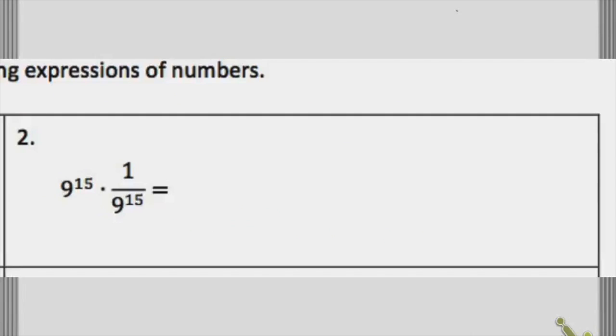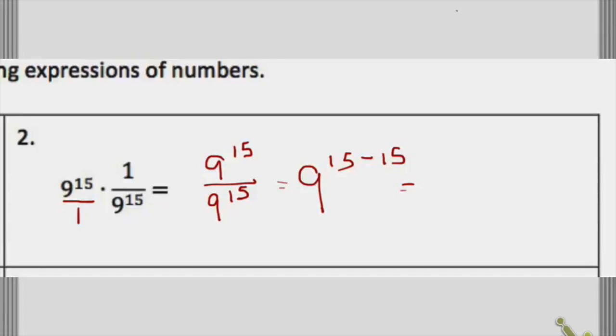For the next example, we are multiplying here. When your fraction does not have a denominator, you should know that your denominator is 1. So we end up with 9 to the 15th over 9 to the 15th. Very much like example 1, that's 9 to the 15th minus 15. So we end up with 9 to the 0 power, which is equal to 1.